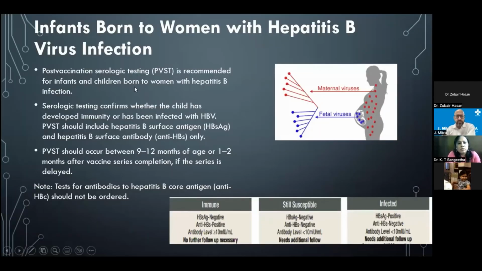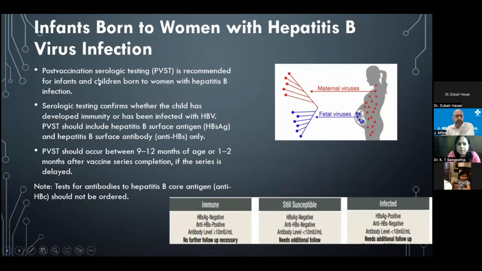Now, a little bit about infants who are born to hepatitis B positive mothers. In them, immediately after birth, we give the HB immunoglobulin and the vaccine. So how do we test in infants born to these mothers? There is post-vaccination serological testing, that is PVST.